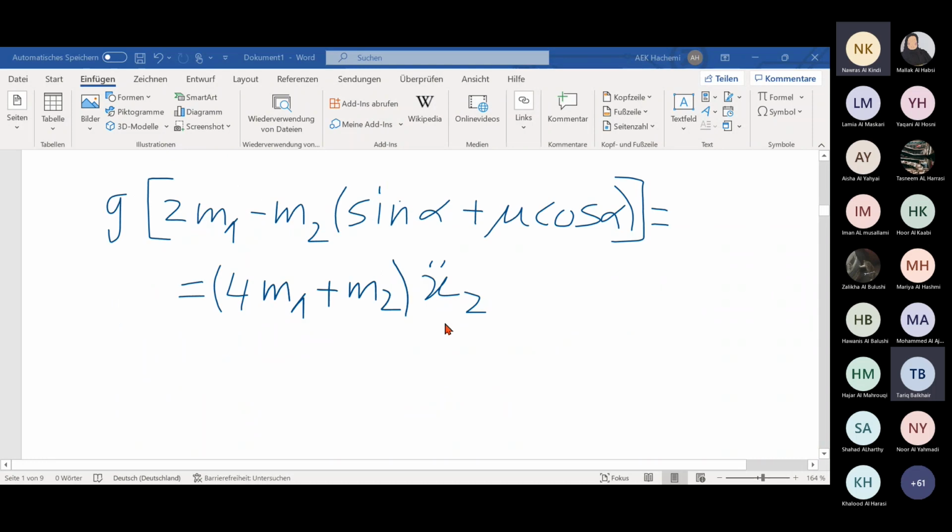Then it means now if we look to each term, G is given, M1 is given, M2 is given, alpha is given, and mu, the friction coefficient, also is given in the task.